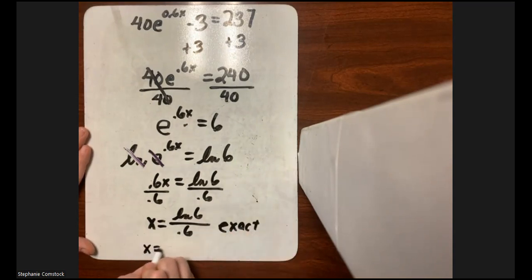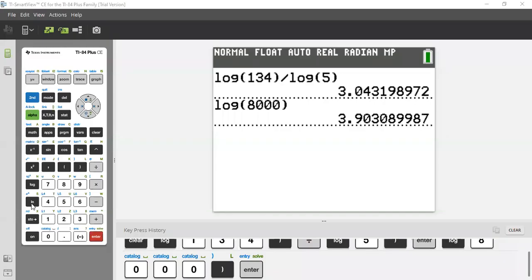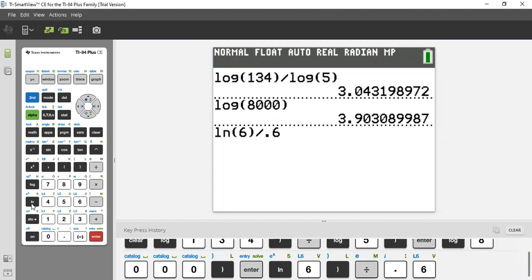And then if I want my decimal approximation, I'm going to do natural log of 6, make sure I close that, divide by 0.6, and I get that x is 2.9863. And that'll be my approximate answer for that one.